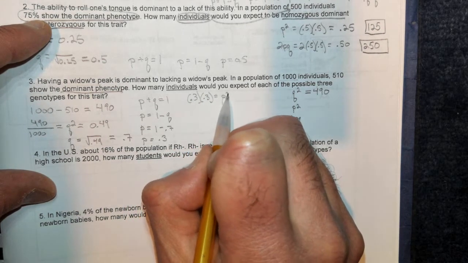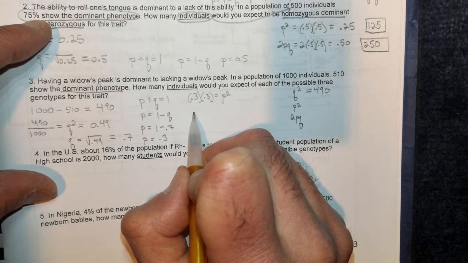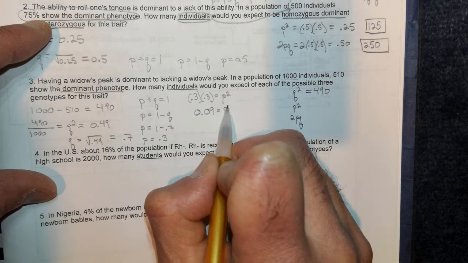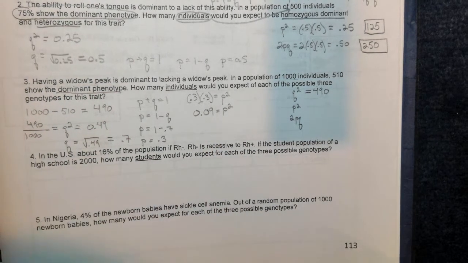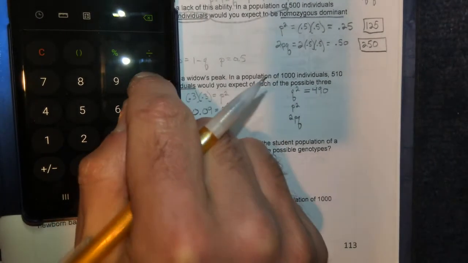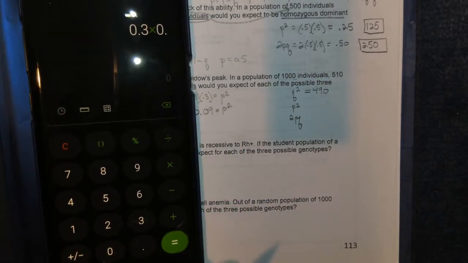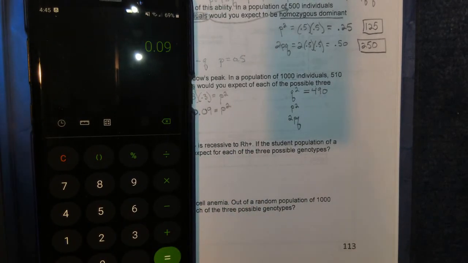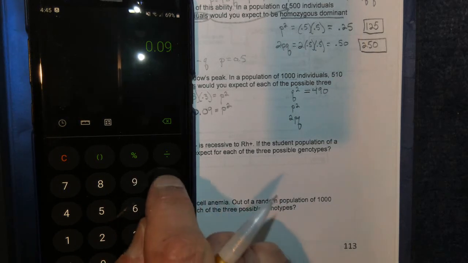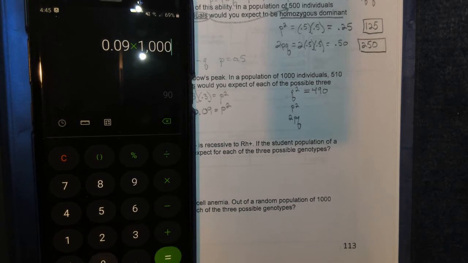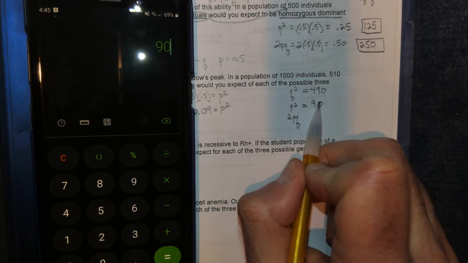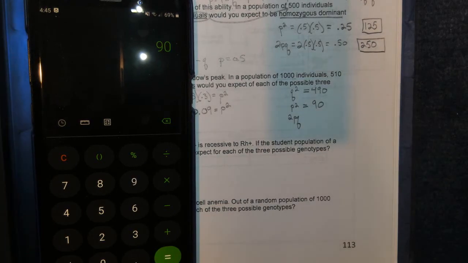That's going to be my p squared. That's going to be 0.09. Be careful. You're taking 0.3 times 0.3. It's not 0.9. 0.3 times 0.3 is 0.09. That's 9%. So if I take 9% of my 1,000 individuals, I'm only going to have 90 individuals be completely dominant.